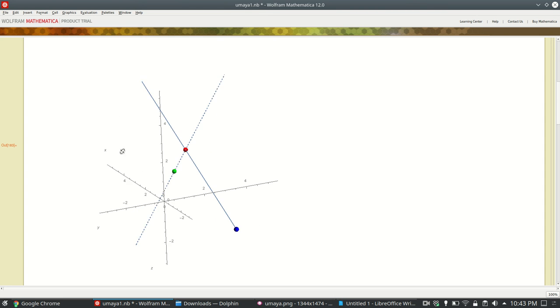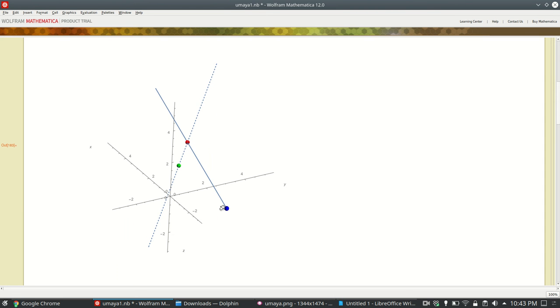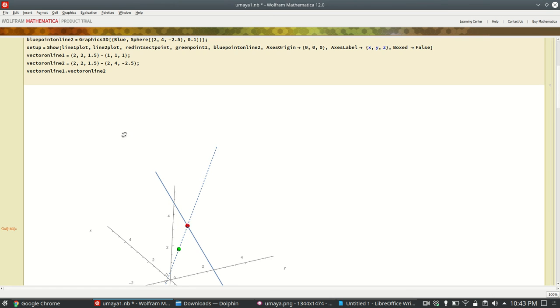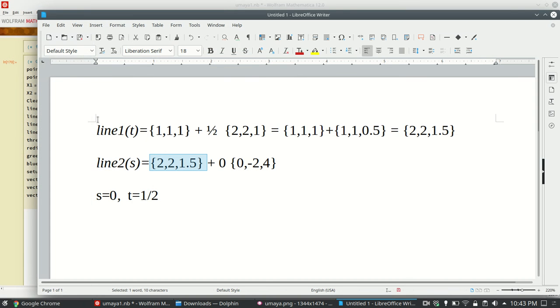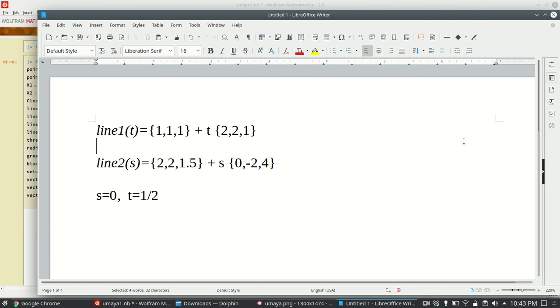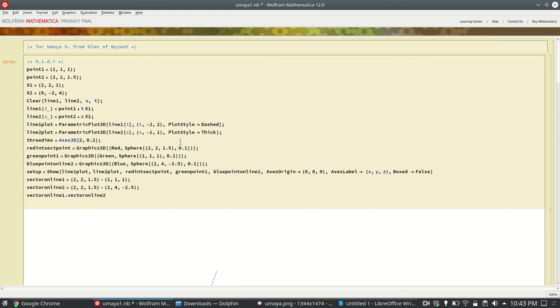I picked a point on the thick line, and I made it blue. And I picked a point on the dashed line, and I made it green. I picked those points by using the line 1 equation and the line 2 equation. I just put some valid value in for the t, and some other valid value in for the s. Right? So valid values are given here.